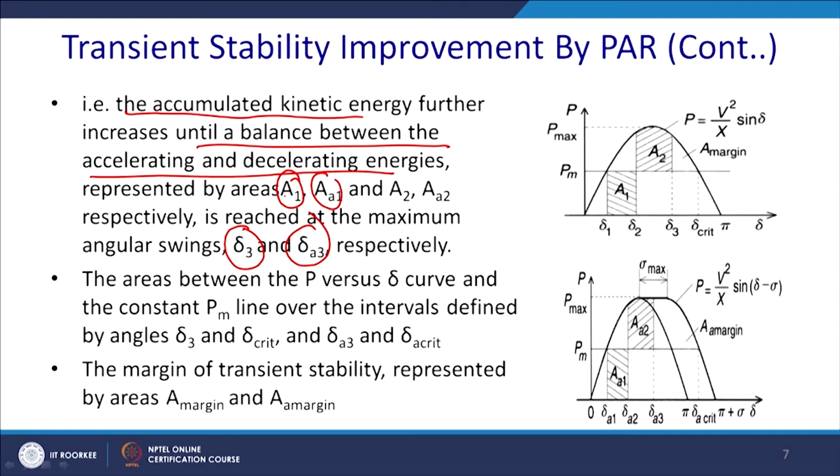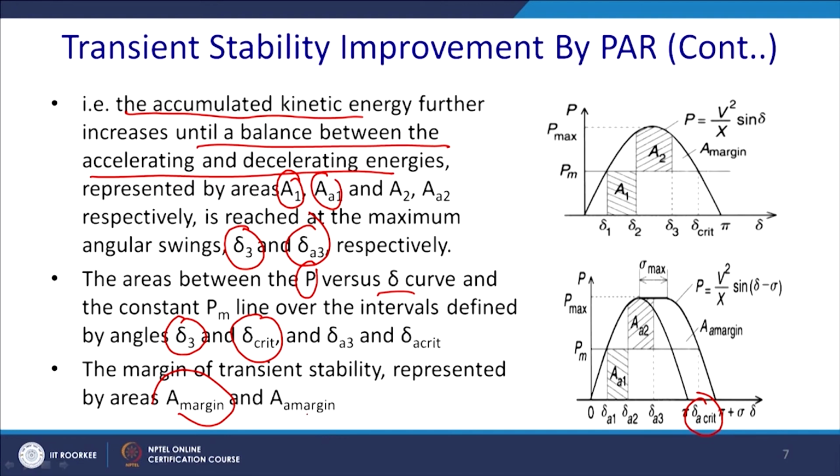The area between the P versus delta curve and the constant Pm line over the interval is defined as delta 3 and delta critical and delta A3 and delta A critical. So, this is actually delta A critical. The margin of transient stability is represented by the area A margin.